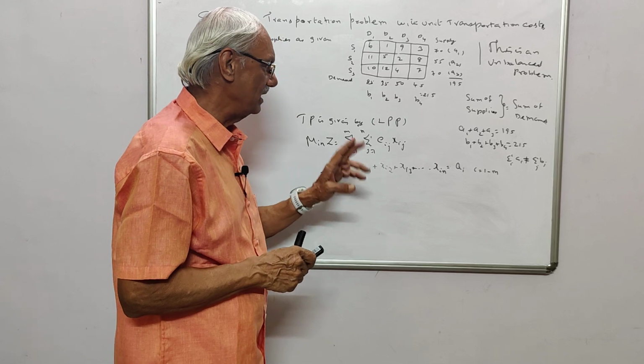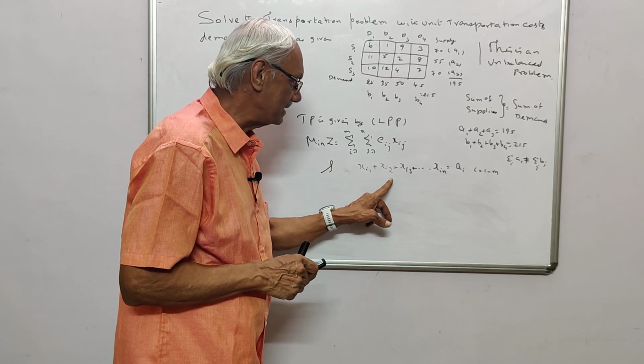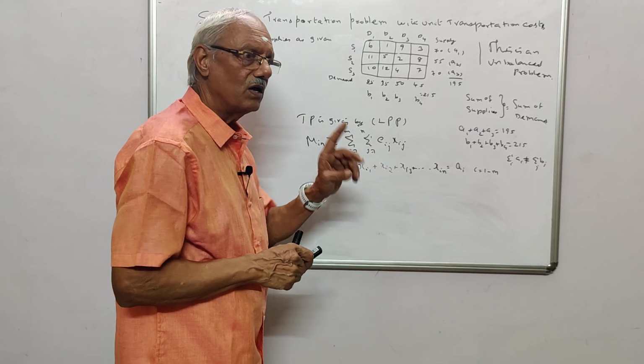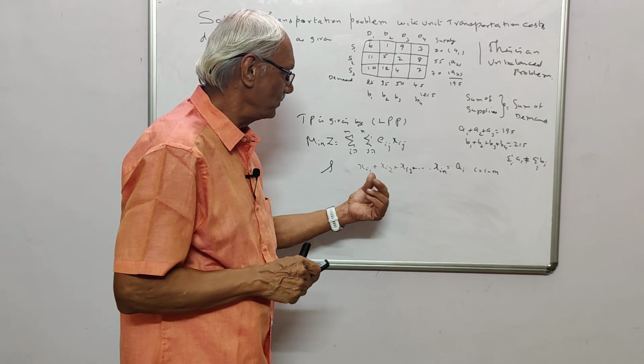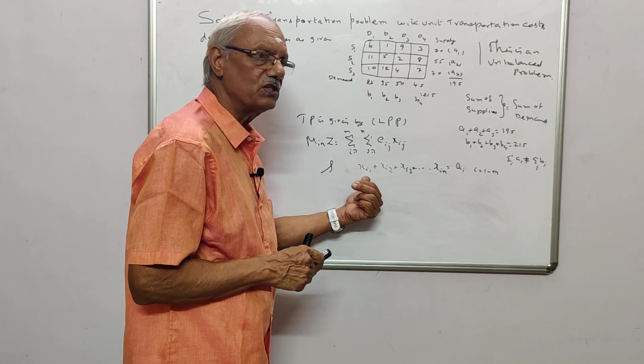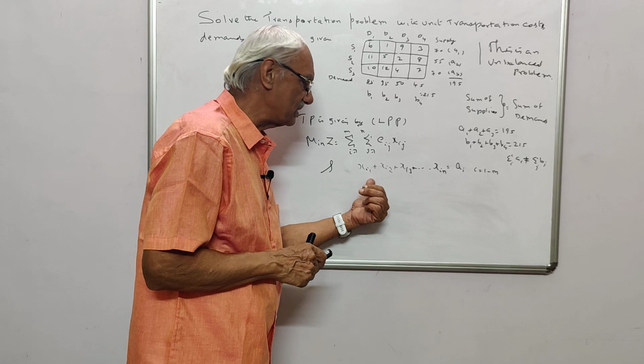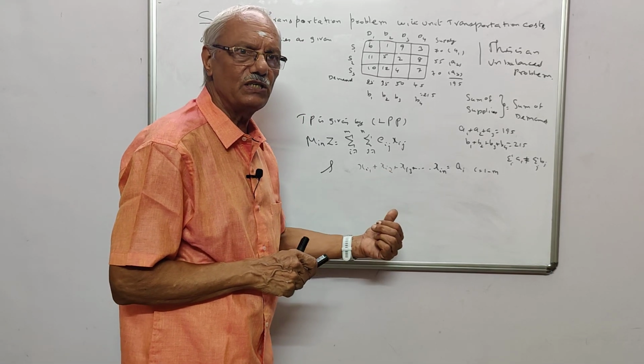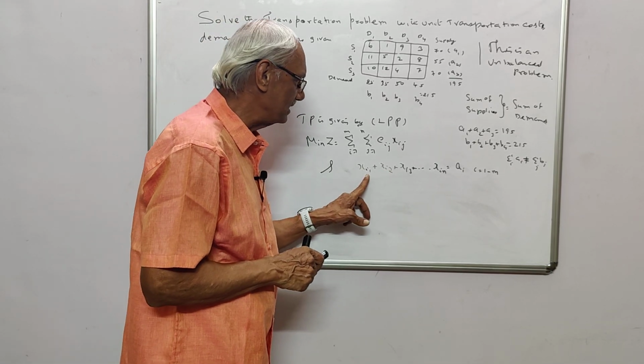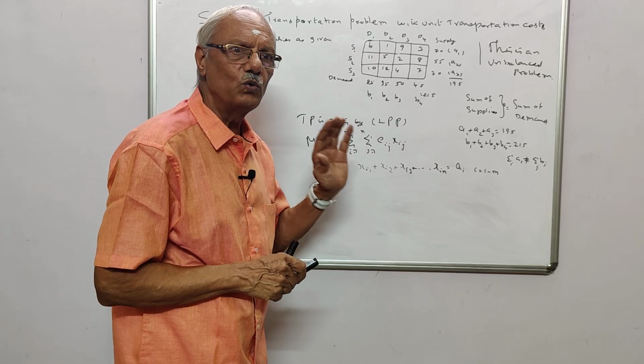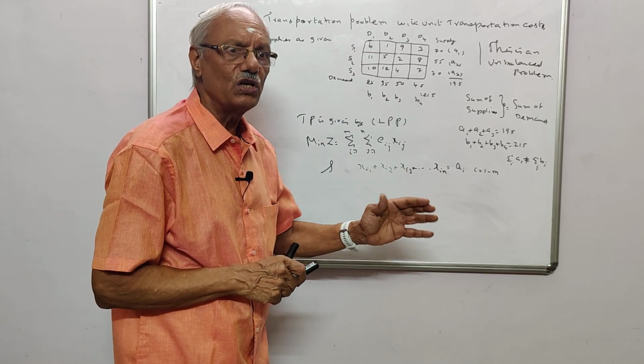So that is what I have written here. Xi1 plus Xi2, that means ith row. The first suffix refers to the source, the second suffix refers to the destinations. You take for example this ith row and you supply it to the destinations.